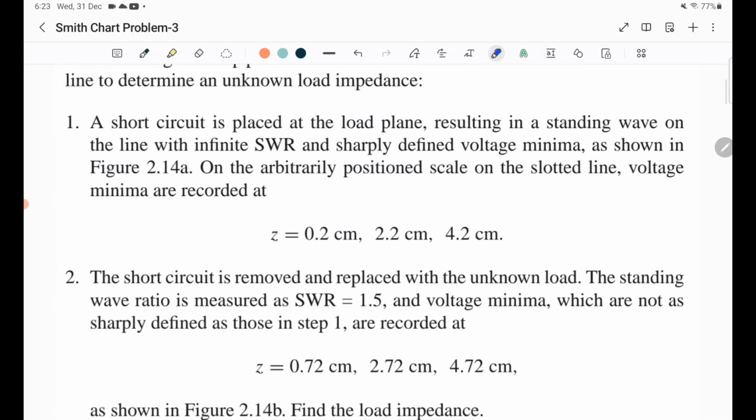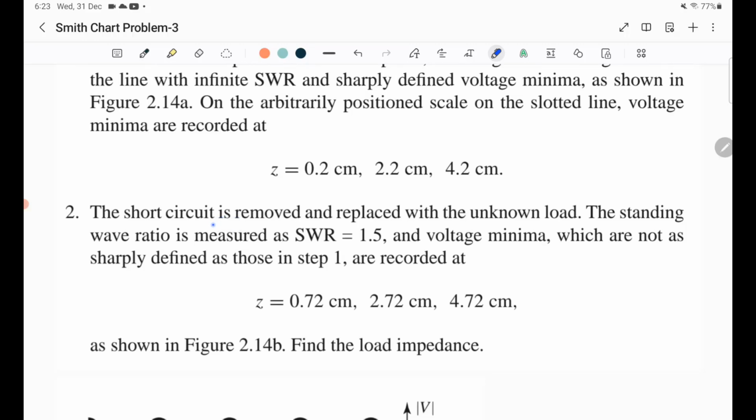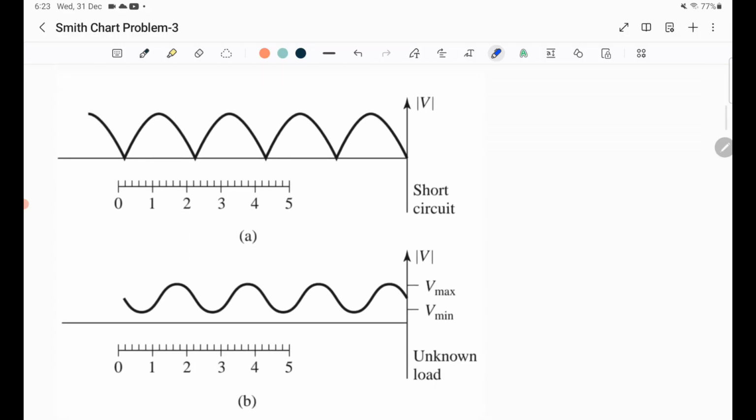Now in step number 2, the short circuit is removed and replaced with the unknown load.